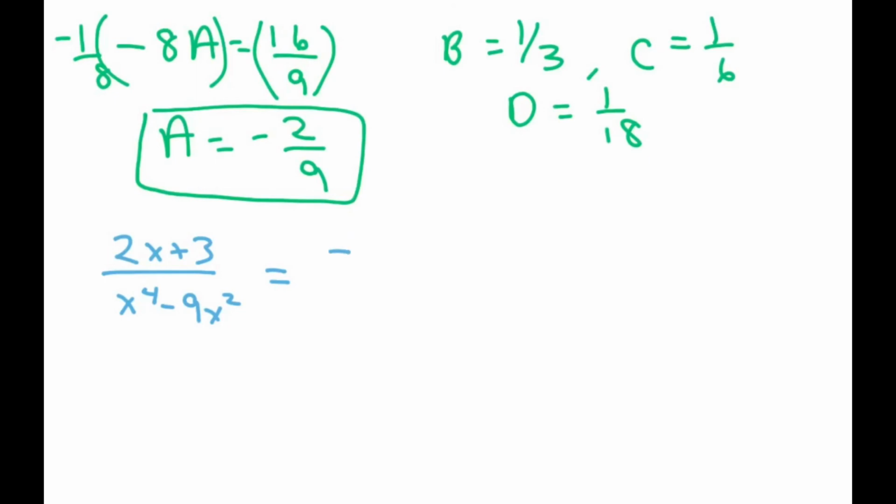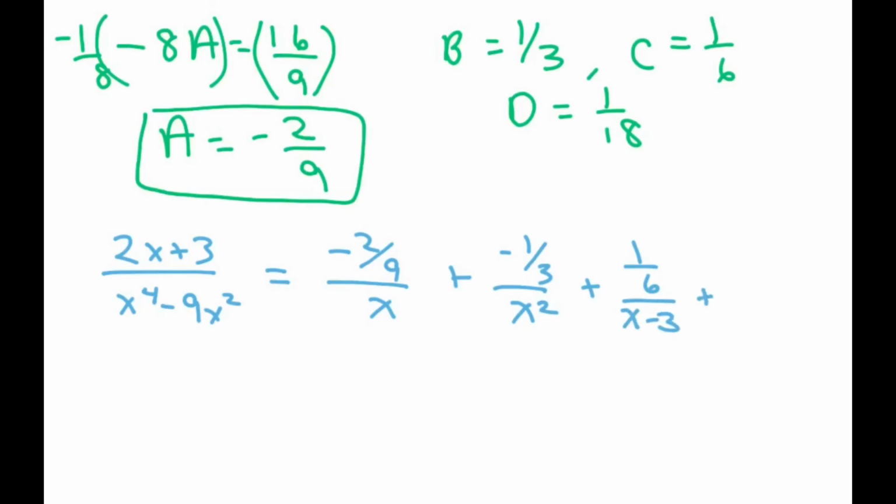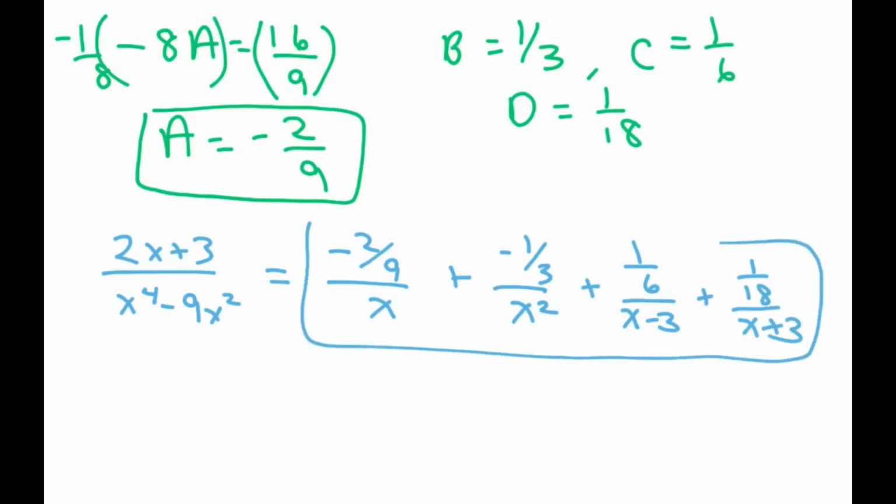So my A is negative 2/9 divided by x, plus negative 1/3 divided by x squared, plus 1/6 is my C, over x minus 3, plus 1 over 18 divided by x plus 3. And that's it. Thank you. Have a nice day. Bye-bye.